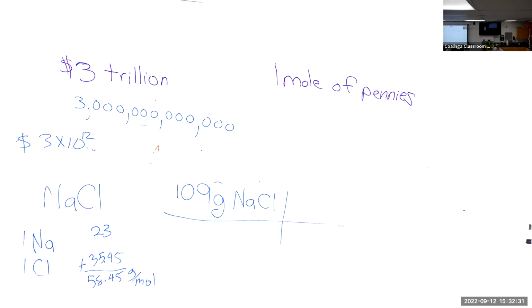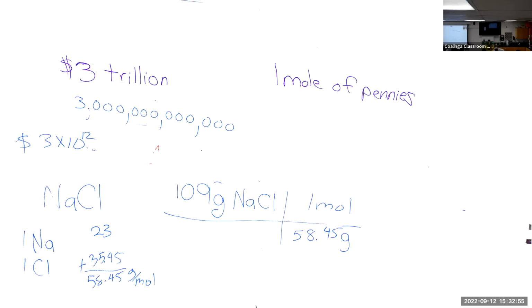Okay, so then I want to get rid of grams, so I put 58.45 grams on the bottom and 1 mole on top, because I know that this means 58.45 grams per 1 mole. So per mole means per 1 mole, right?